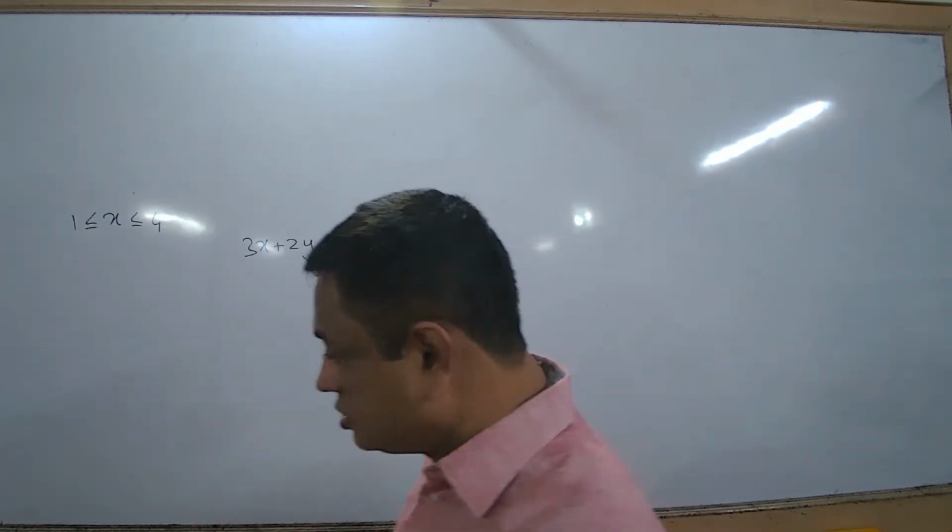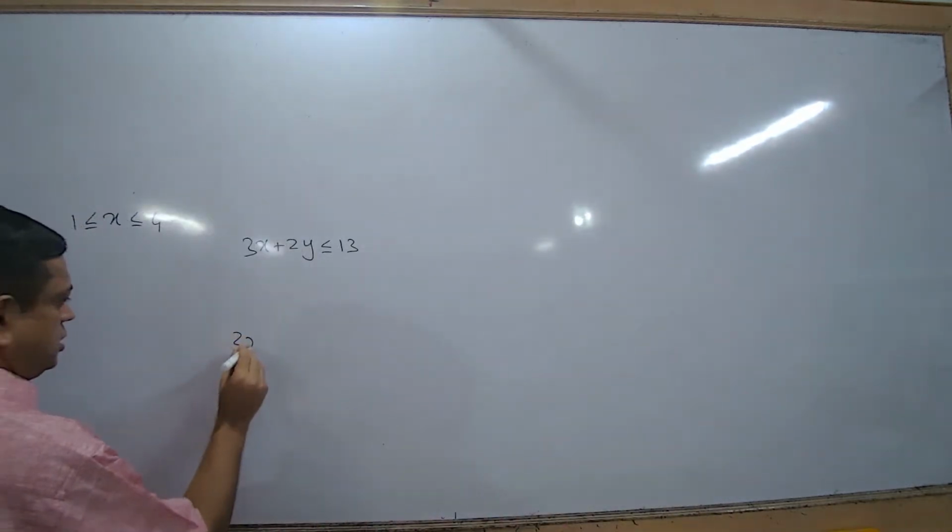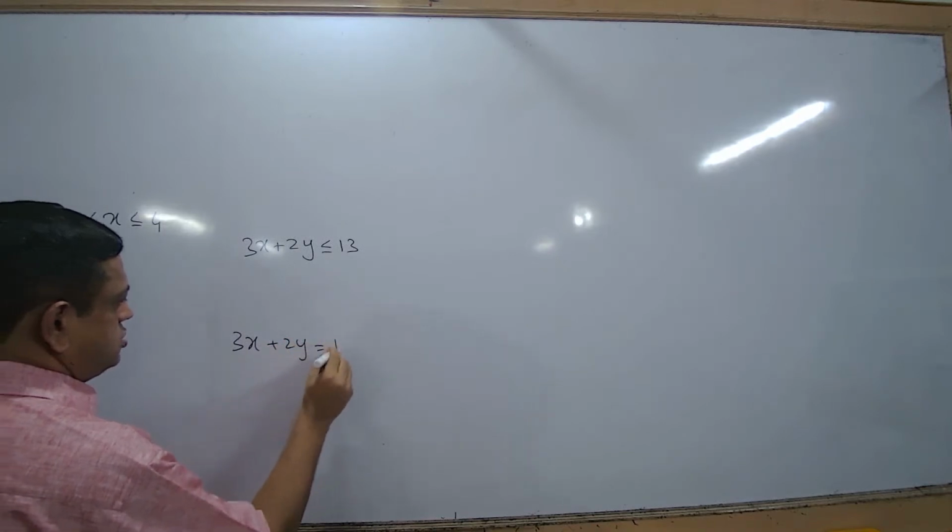Now look here. If it is coming this way, there is some mistake in this question. If 3x plus 2y is equal to 13.